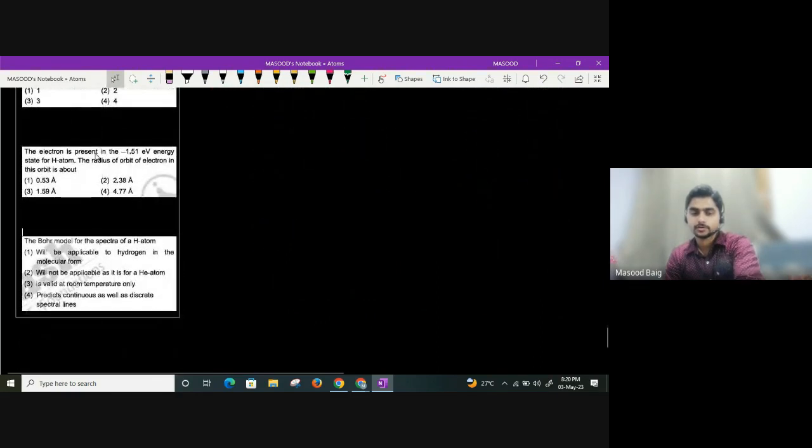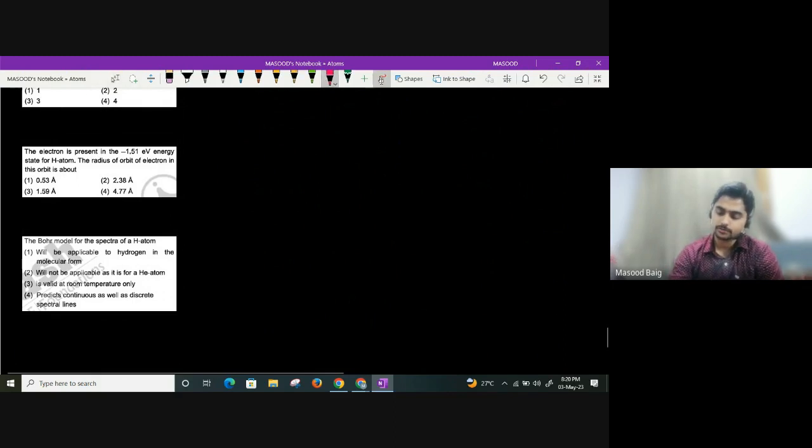This has come from the below questions. Bohr's model for the spectra of hydrogen atom, will it be applicable to hydrogen in molecular form? No. Will it not be applicable as it is for a helium atom? Is it valid at room temperatures only? Does it predict continuous as well as discrete spectral lines?